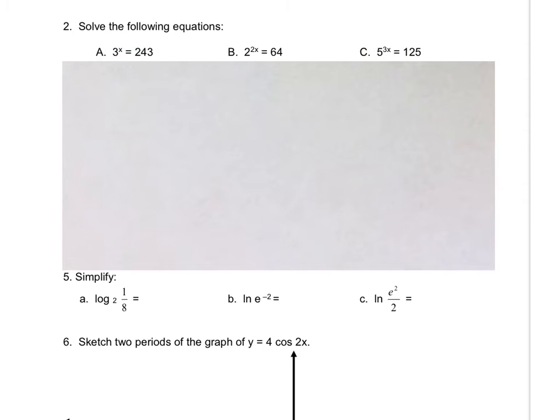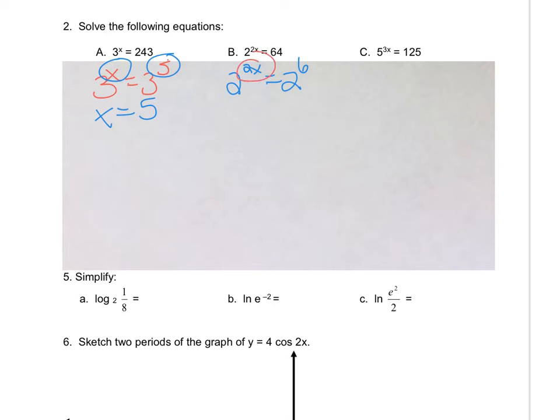Okay, so now for number 2, the first 3 problems that we're going to solve here, we can make the bases the same. So 243 we can write as 3 to the 5th. And now that the bases are the same, we can set our exponents equal. So that's how I get an answer of x equals 5. 64 is 2 to the 6th.